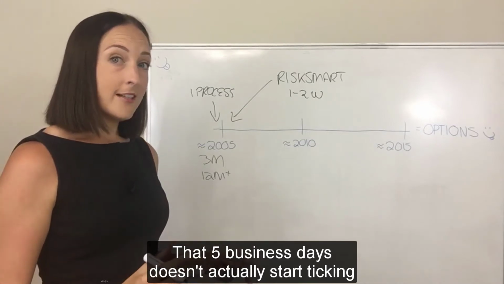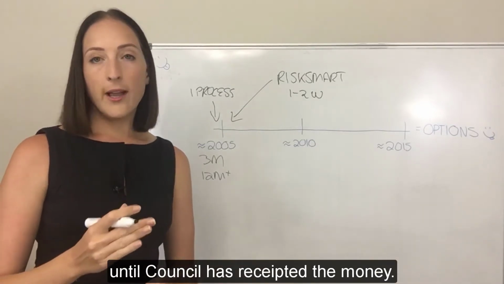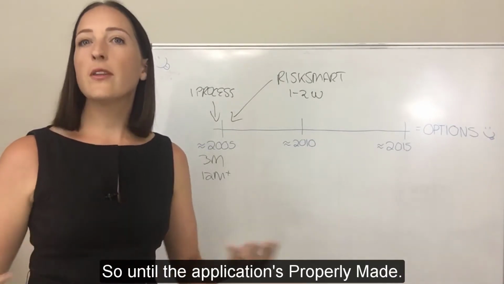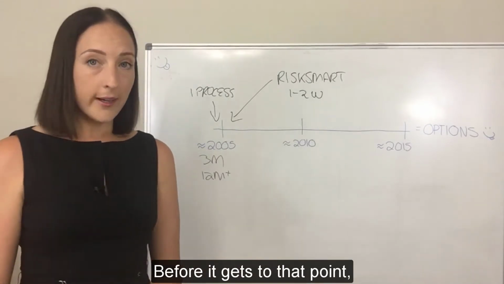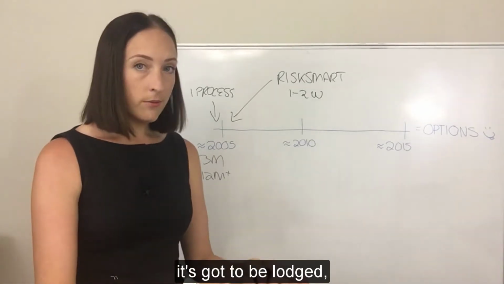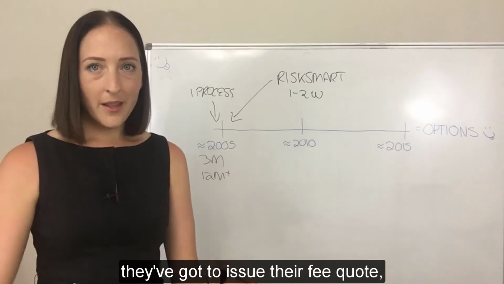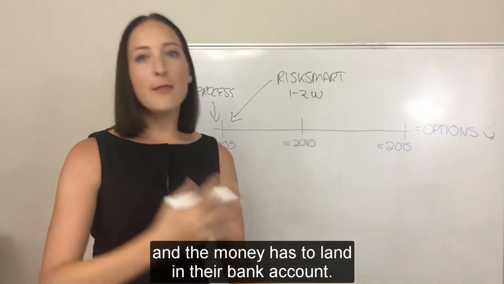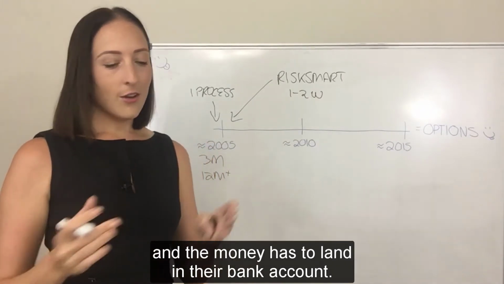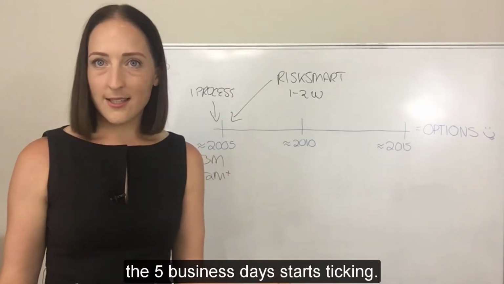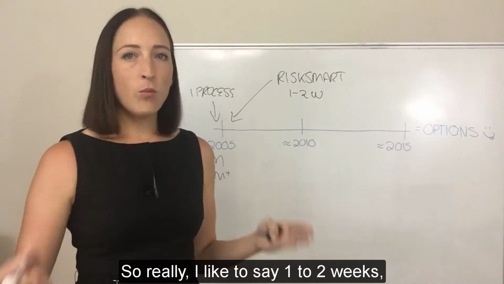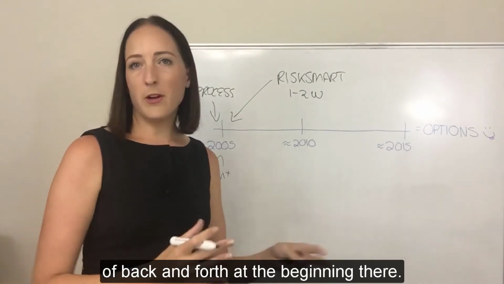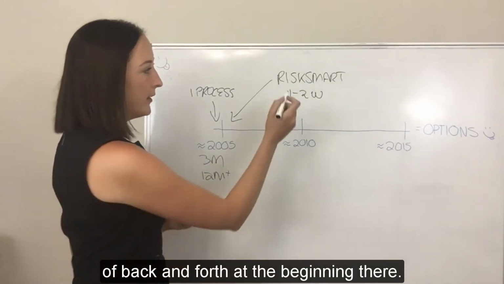That 5 business days doesn't actually start ticking until council has receipted the money, so until the application is properly made. Before it gets to that point, it's got to be lodged, it's got to be processed by council, they've got to issue their fee quote, you've got to pay the fee quote, and the money has to land in their bank account. So then that's the point where the 5 business days starts ticking. So really, I like to say 1 to 2 weeks because it covers all that little bit of back and forth at the beginning there.